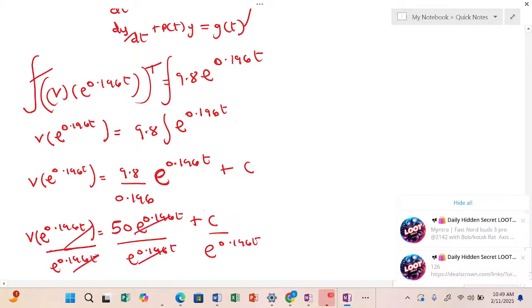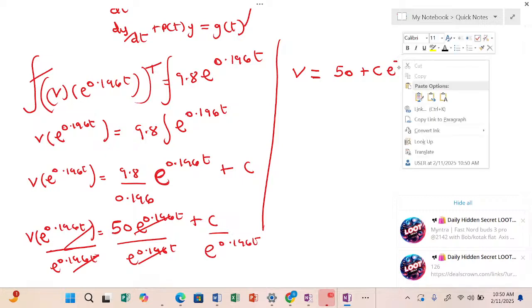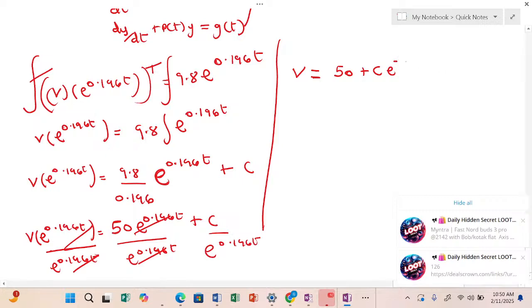So what we come to have for our final answer is that v is equal to 50 plus c e to the power negative 0.196 t.